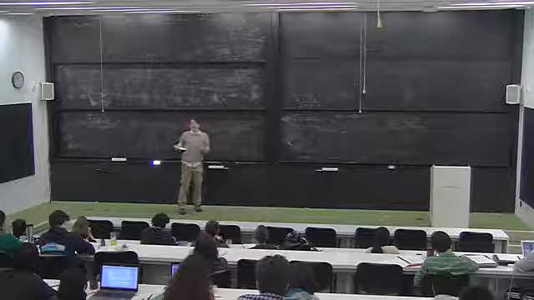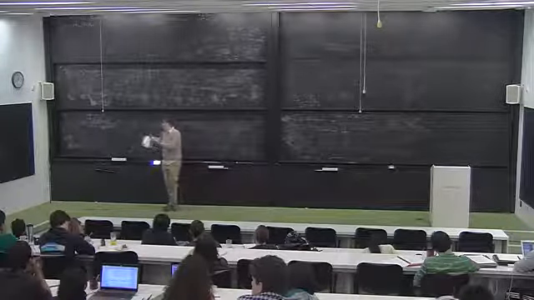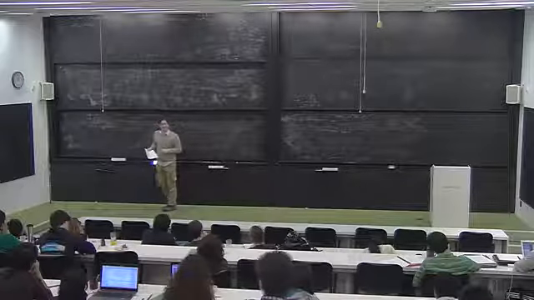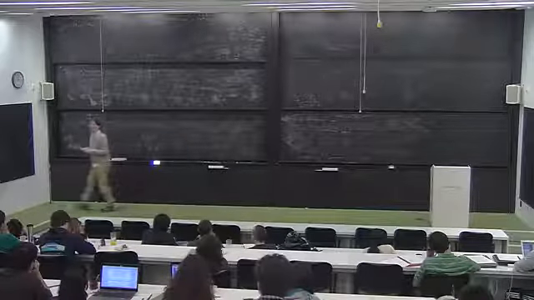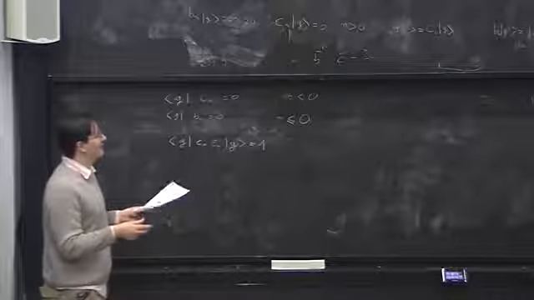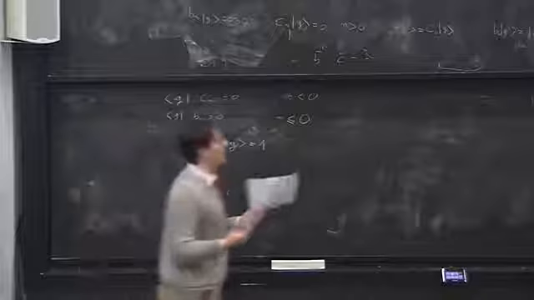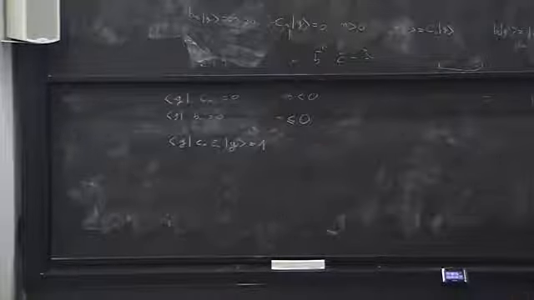To show this, I would have to write down the BRST charge, which is a kind of long expression, and I don't want to do that. But there is a simple way to understand why. We want this to be true, that the variation of B is the stress tensor.